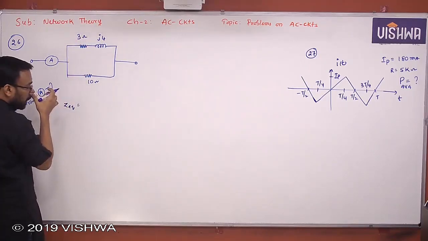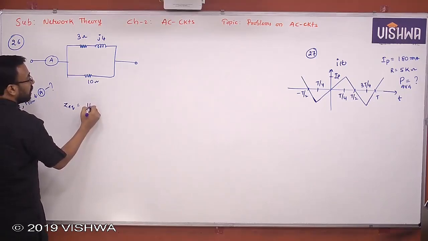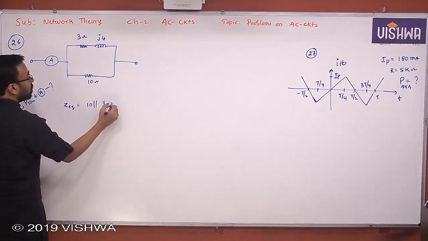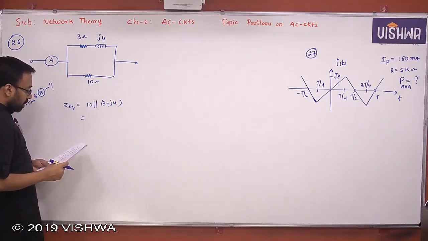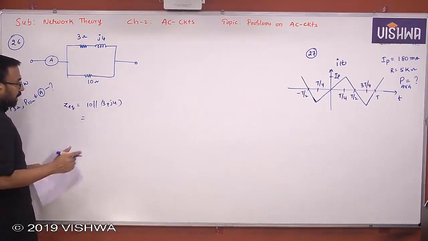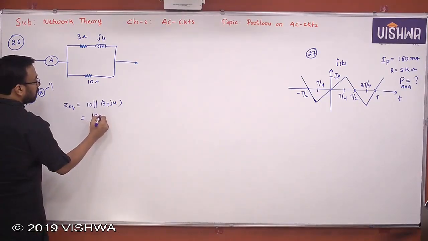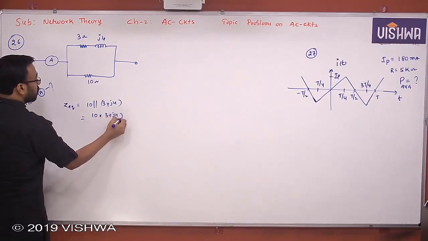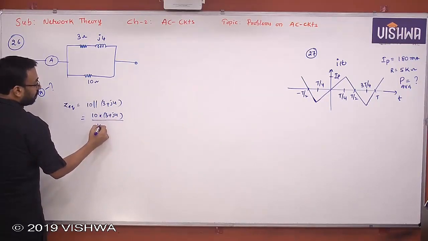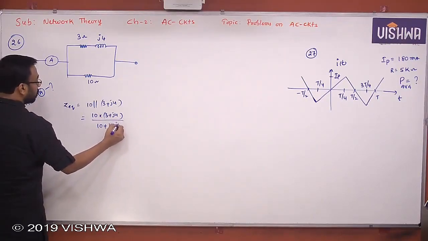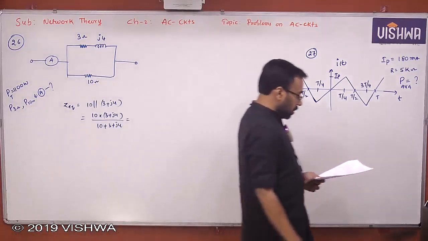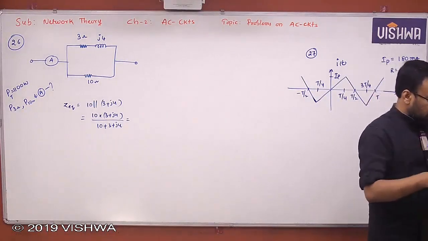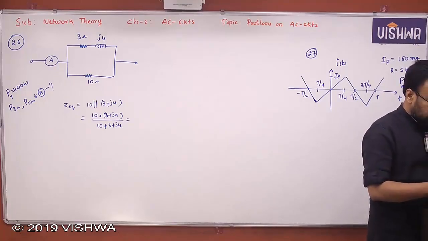Yes or no? Okay. So therefore, let us find Z equivalent first: 10 parallel with 3 plus j4. Let us simplify it and we'll get the value here. The Z value, you will get, is 10 into (3 plus j4) by (10 plus 3 plus j4). This is the total impedance here.